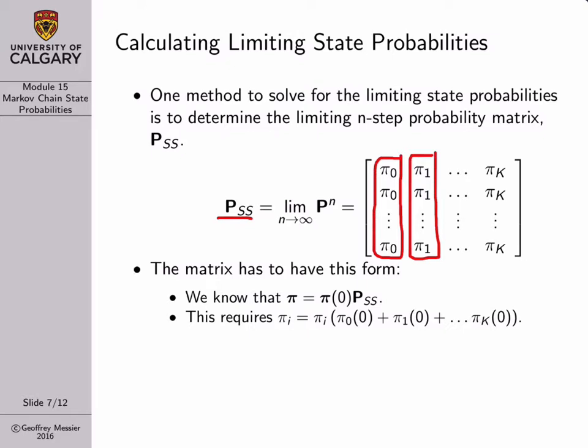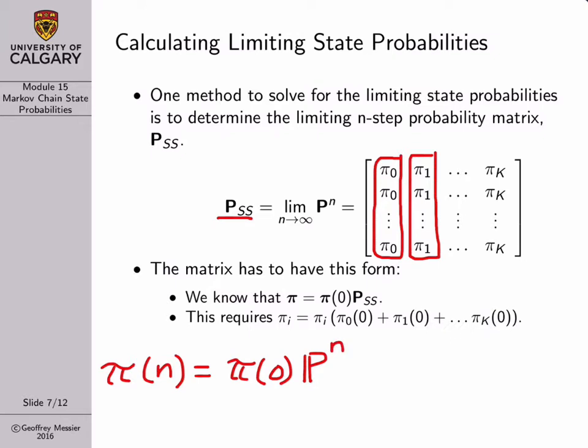So why does this have to be true? Well, we know that the state probability vector at time n is equal to our initial state probability vector multiplied by the probability matrix to the n.